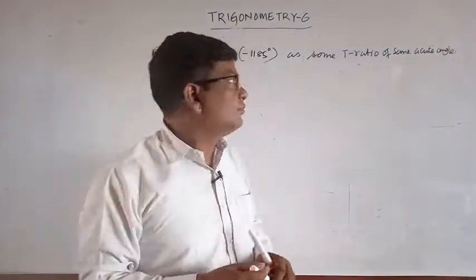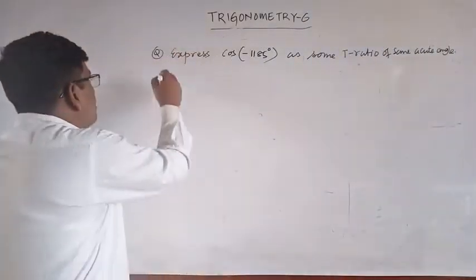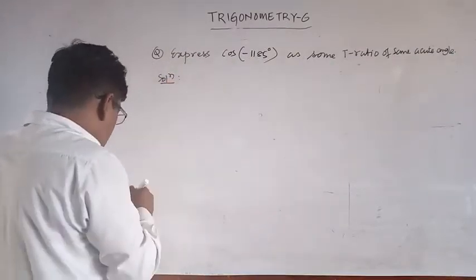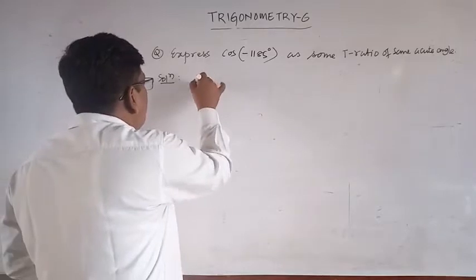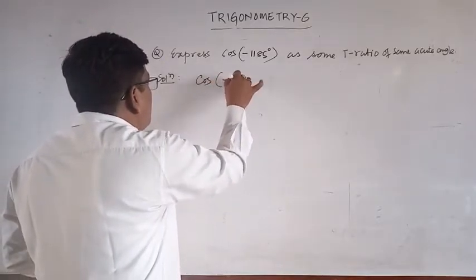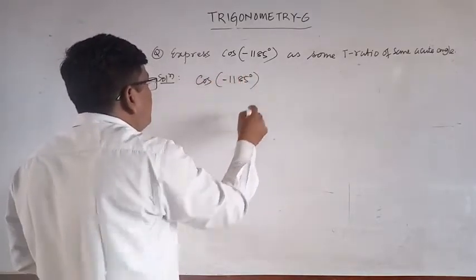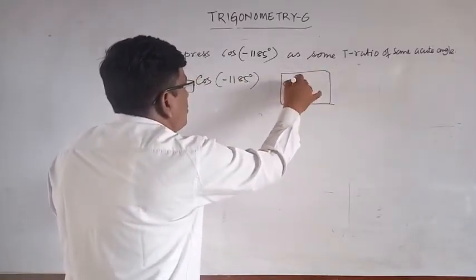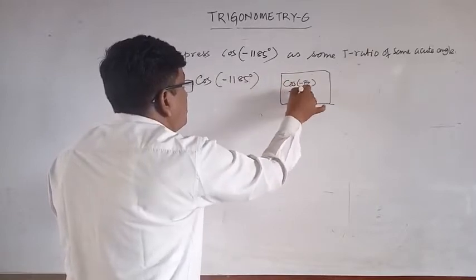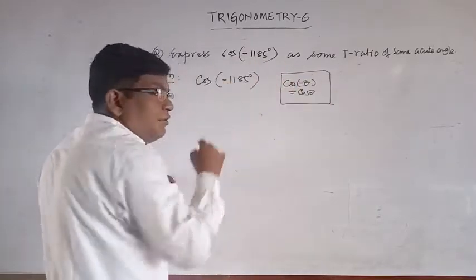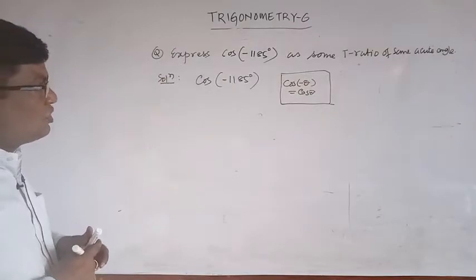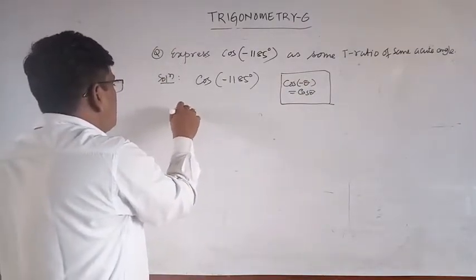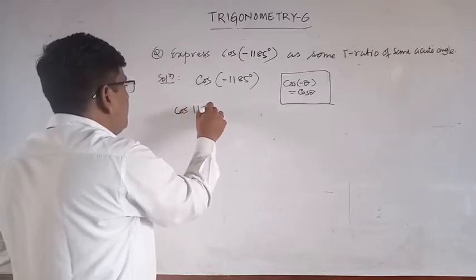Okay. Now solution. We know this is cos of minus 1185 degree. We know cos of minus theta is equal to cos theta. So this is equal to cos of 1185 degree.